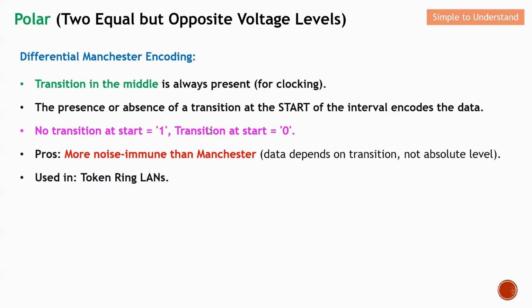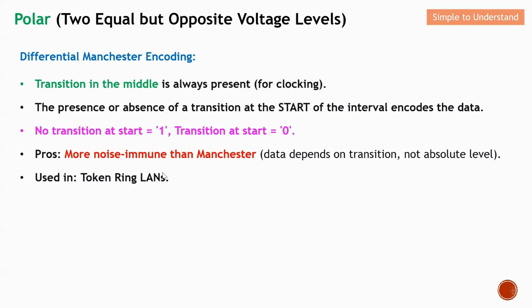Later on, I will use a time diagram to illustrate this on differential Manchester encoding. Coming to the advantages, differential Manchester coding is more noise immune as compared to Manchester, because the data depends on transition but not on absolute level, which I'm going to explain later on. So it is used in token ring LANs.